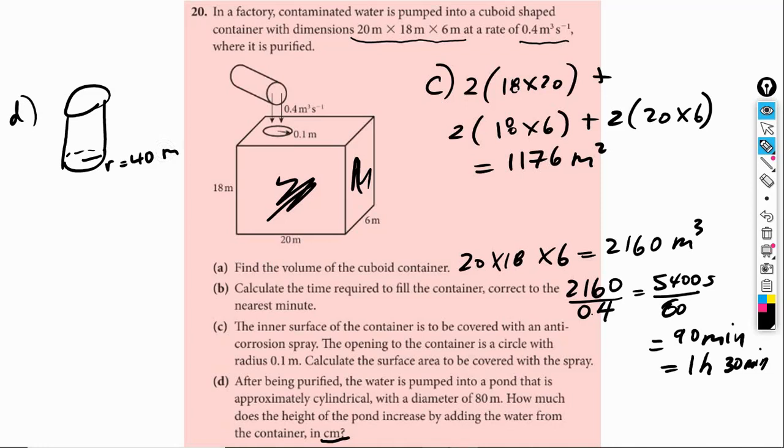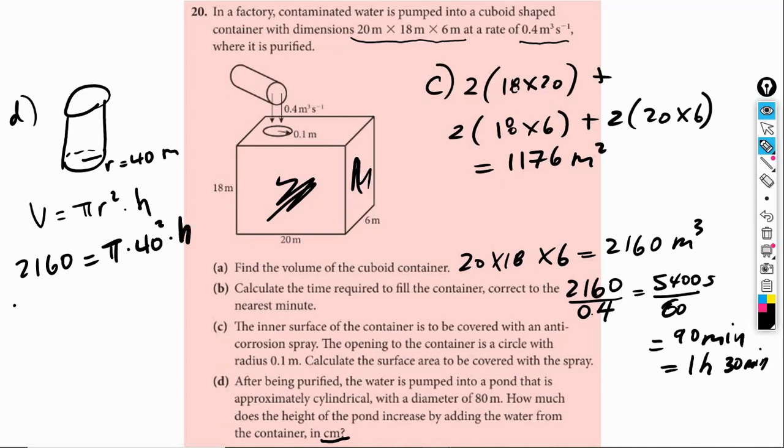Since we know what the volume is, we can use the volume formula, right? Because the volume of a cylinder, as you recall, is pi r squared times the height. The volume of water we already know from question A, because it's 2160 meters cubed. So 2160 has to equal pi times r squared, so 40 squared, times h.